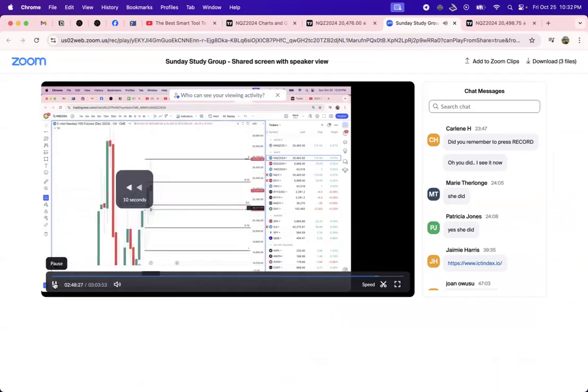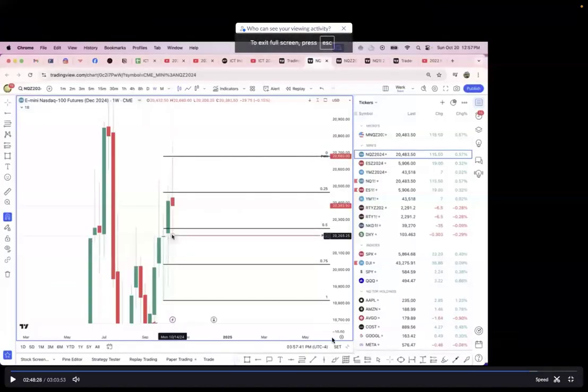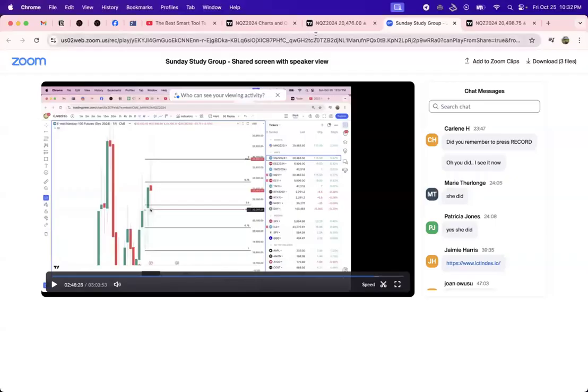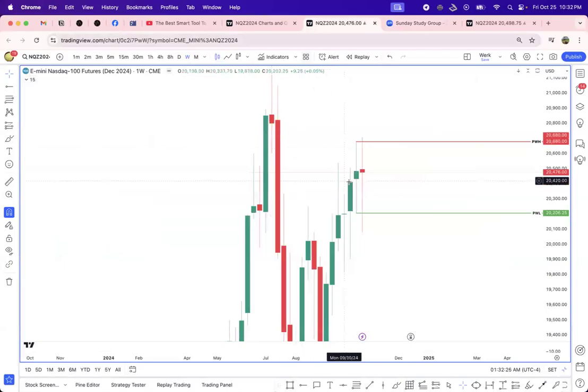This candle right here is a down close candle. And I looked at the settings down here and it's off. And then when I looked at the candle for the purposes of this video, the settings are off. We're on a weekly chart, we're on NQZ, but it's an up close candle.